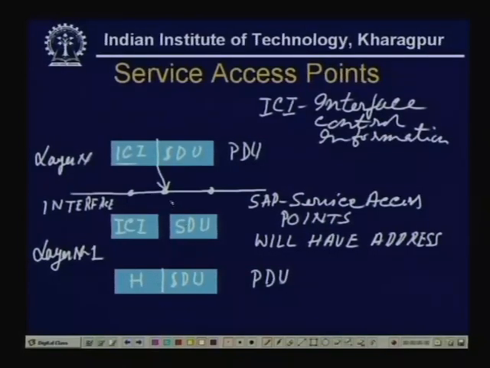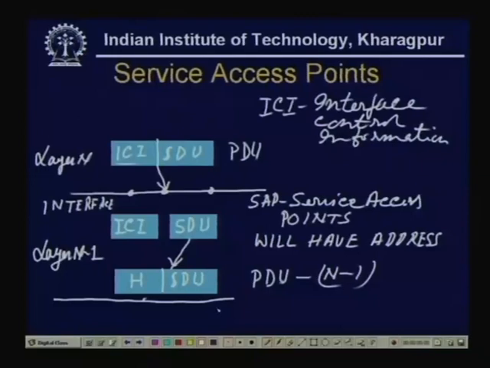So, after receiving this protocol data unit from the N layer through the service access point, layer N minus 1 will separate out the interface control information, take out the service data unit, and put it in another protocol data unit. This is essentially the protocol data unit corresponding to layer N minus 1. It will add some header, then again it may send to the next layer through service access points.